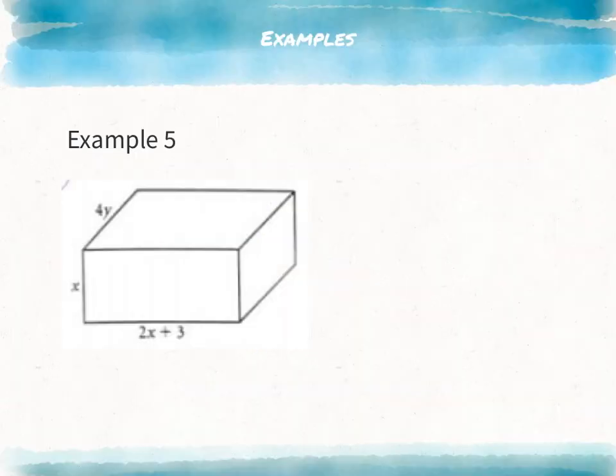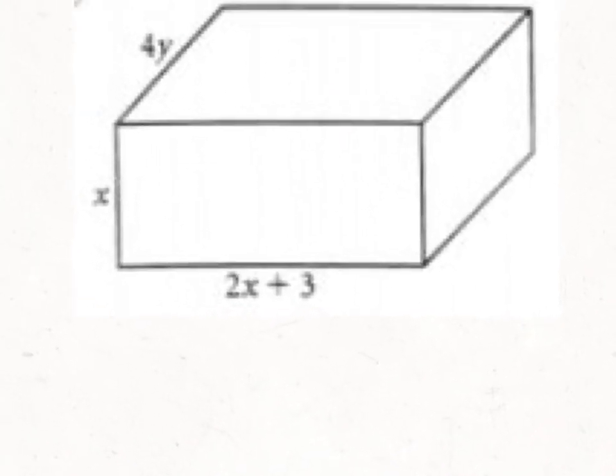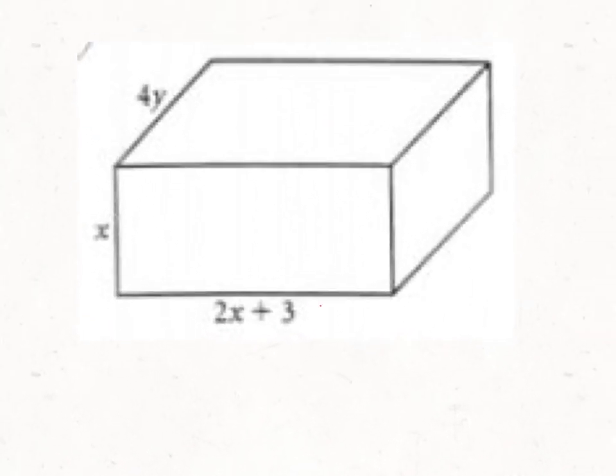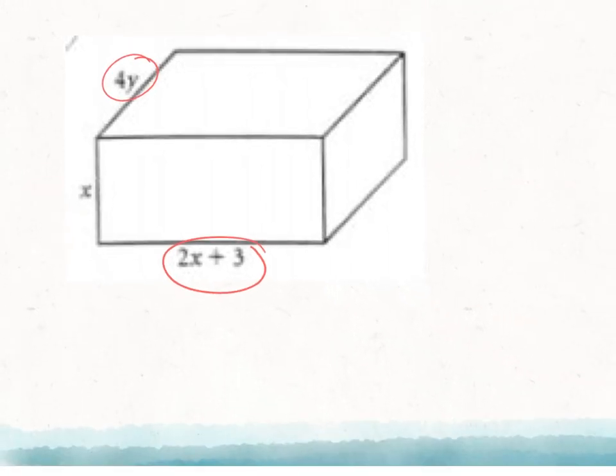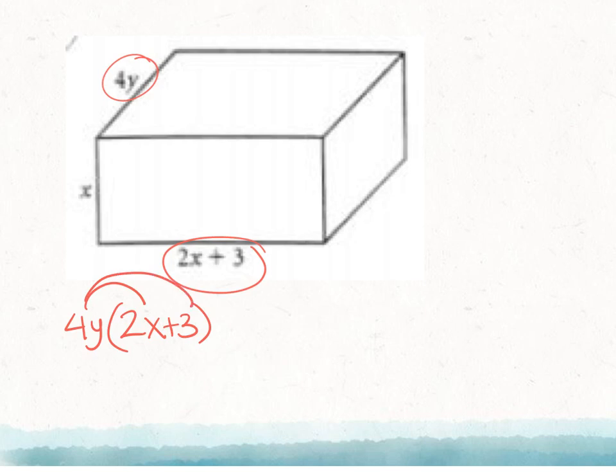On this next one, we're going to do some algebra with this. So first I need the area of my base. I'm going to multiply my length and my width. So I'll have 2x plus 3 times 4y, and now I need to distribute. 4y times 2x is 8xy, plus 4y times 3 is 12y.